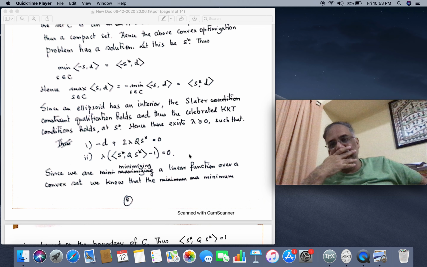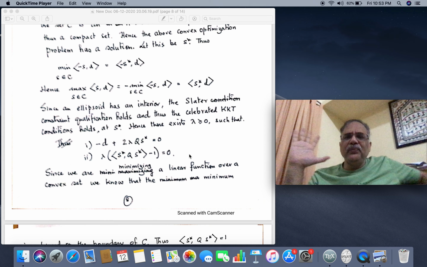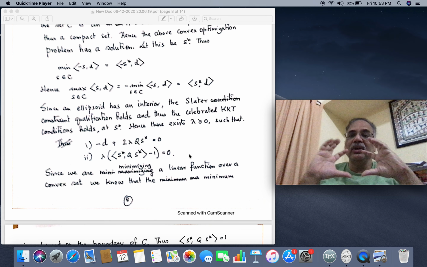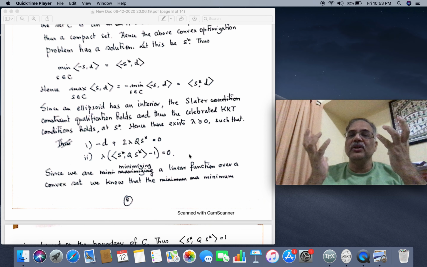We'll show that later on, and then we can make things much easier. But even if we do not know this fact, that for a linear function the functional value has to be achieved at the boundary, we can still prove that s star^T Q s star must be equal to 1 at the optimum. s star is the optimum, the minimizer.